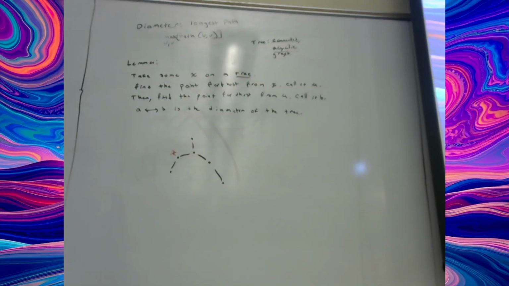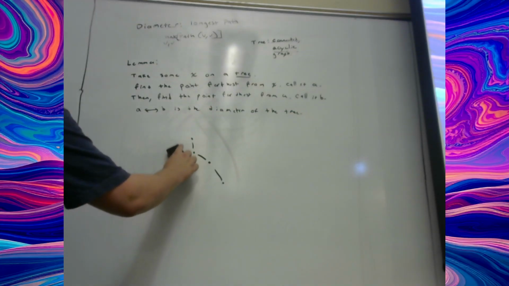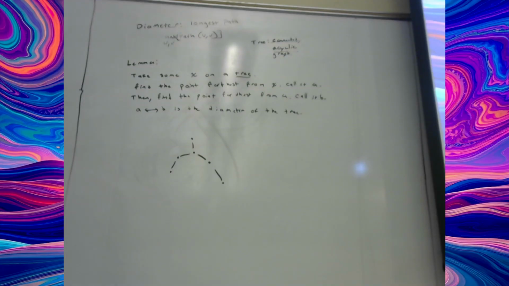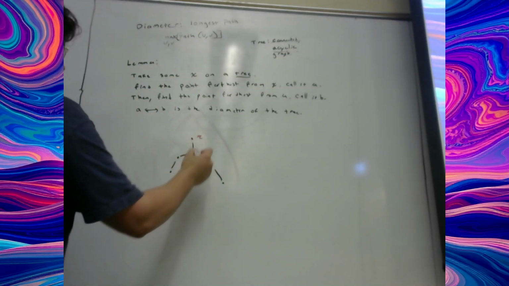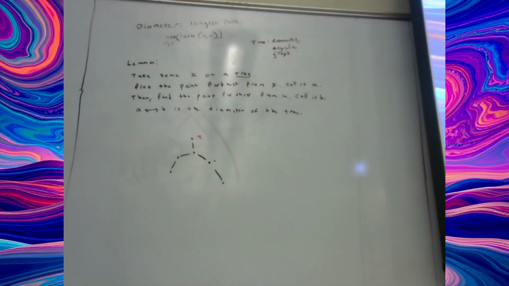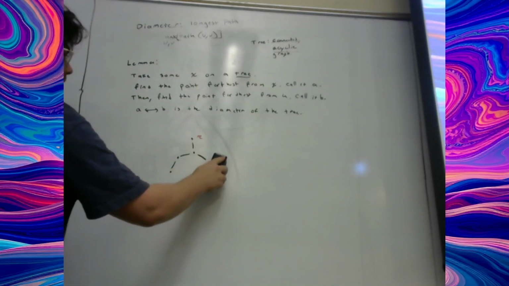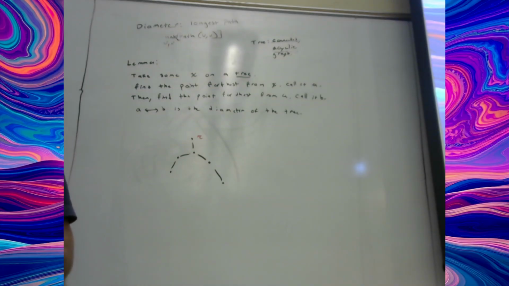It can only be one of the ends of the longest path in the tree. To show the farthest point from any point x, it's always going to live on the diameter of the tree.